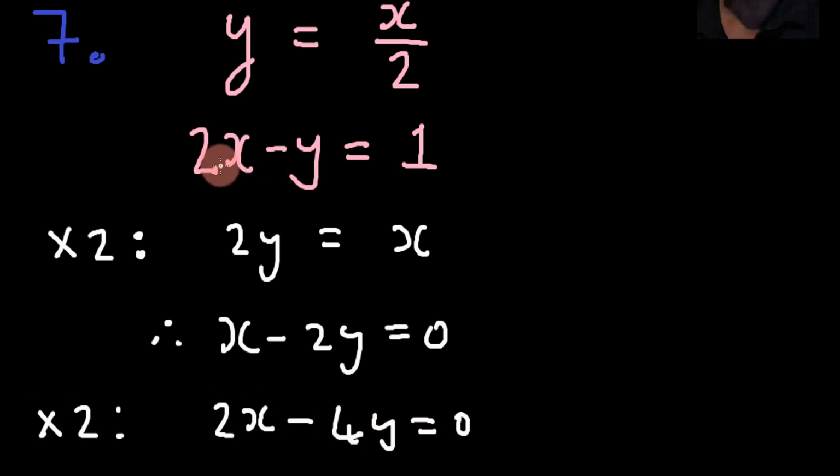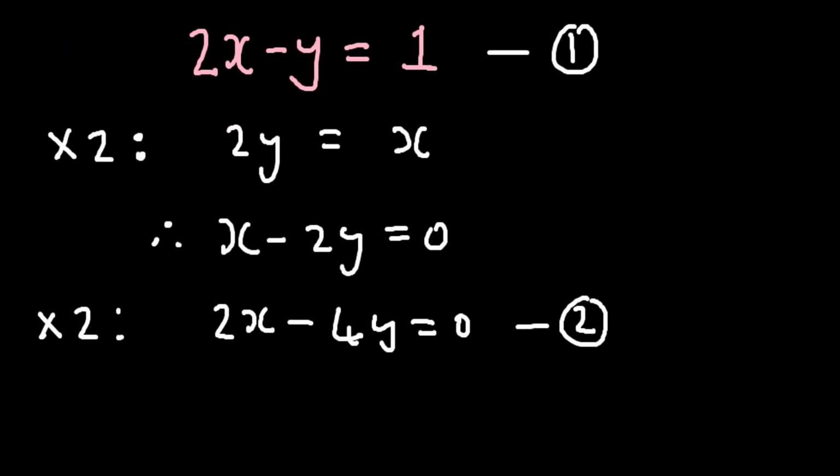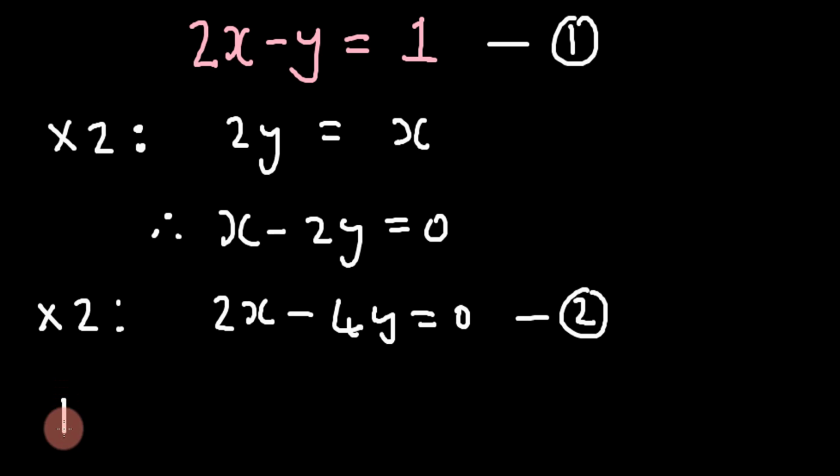Now we see that the x coefficients are the same in the two equations. So we can call this equation 1 and this equation 2. And we can subtract equation 2 from equation 1. 2x minus 2x will be 0. Then we also have negative y minus negative 4y.